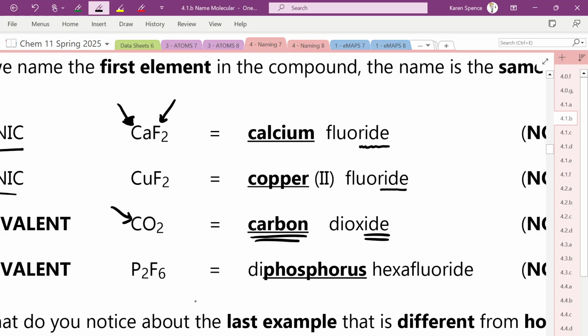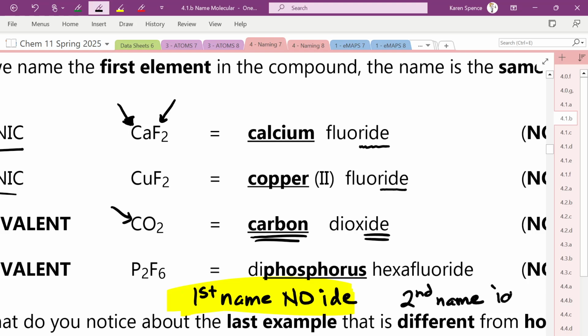Okay? First name, no -ide. Second name, -ide. So that's very much exactly like ionic compounds, right? No -ide, -ide.